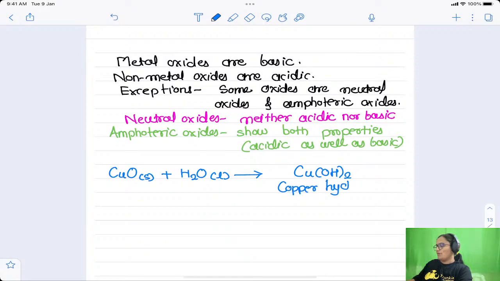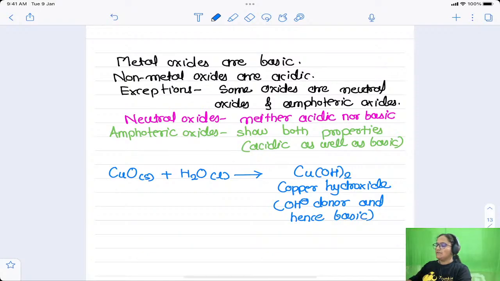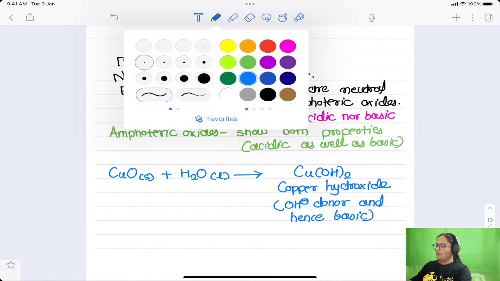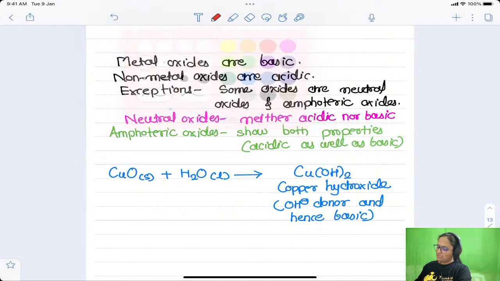This copper hydroxide can furnish OH minus ions. Can you see the OH group is present in it that can be furnished in the water. Therefore, this copper oxide is an OH minus donor and hence a basic oxide. Hence basic in nature.